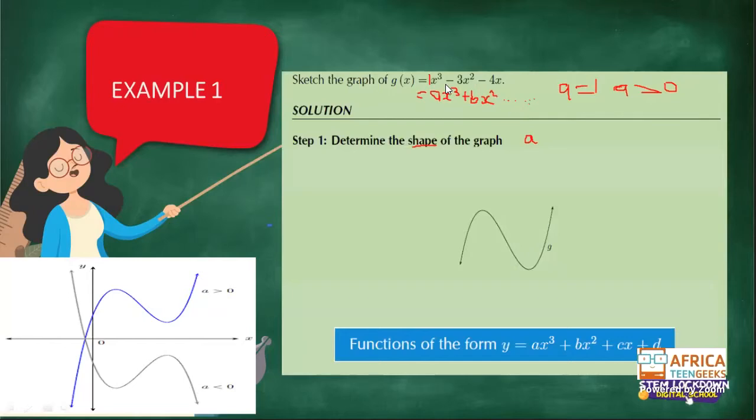Remember, from the original function, we have 4x. Remember, x is raised to the power of 1. So this is 1. So you will only have 4. Okay, great.